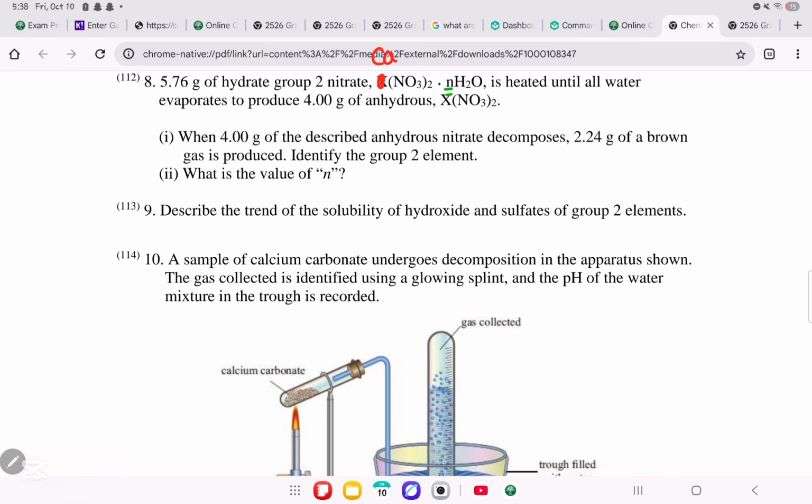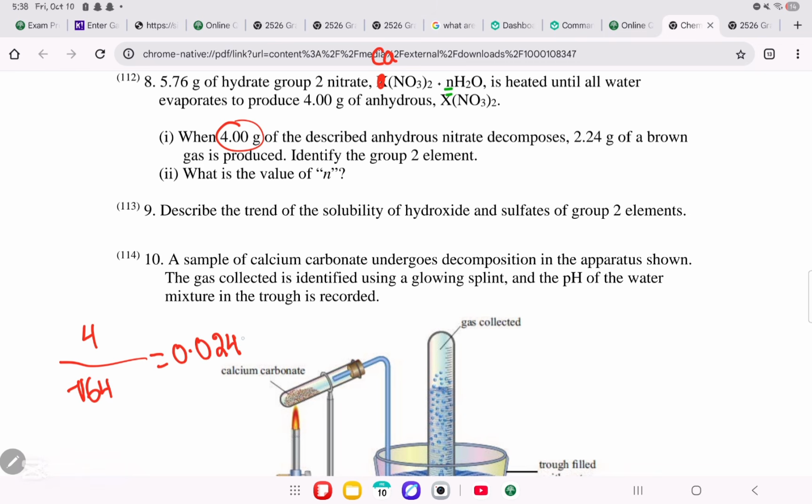Personally, I would take the mass of CaNO32, which is 4, and divide it by the molar mass of CaNO32. So that's going to be 40 plus, open brackets, 14 plus 16 times 3, and all of it multiplied by 2, you're supposed to get 164. So 4 over 164, that's going to give us what?